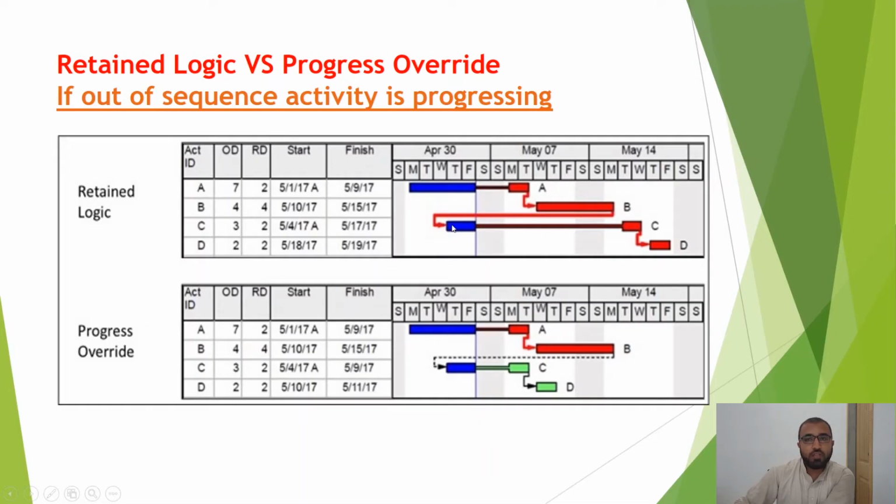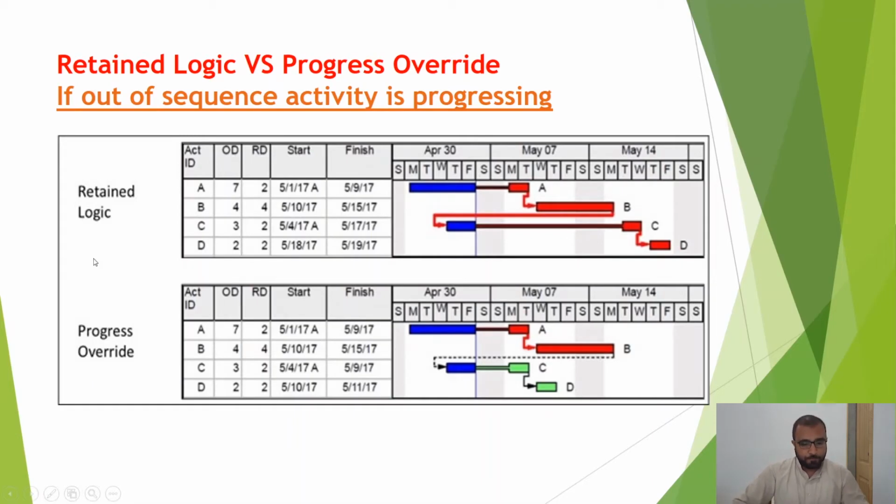This blue line is showing that activity C is progressing. Now this activity C has clearly started out of sequence.